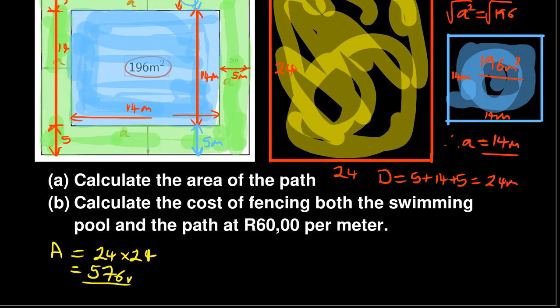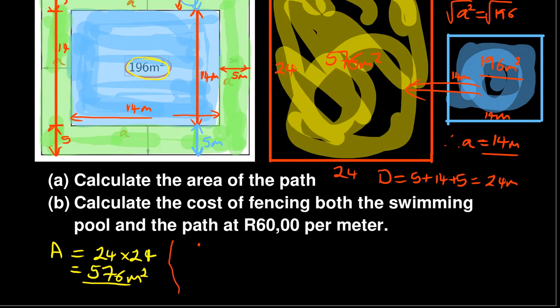Now it's meters squared. So in this case, I have got two areas. I've got the area of the pool inside. I've got the area of everything that is inside, as I said here, it is 576 meters squared. So if I subtract this area 196 from that area, I will find now the area that is green on the outside.